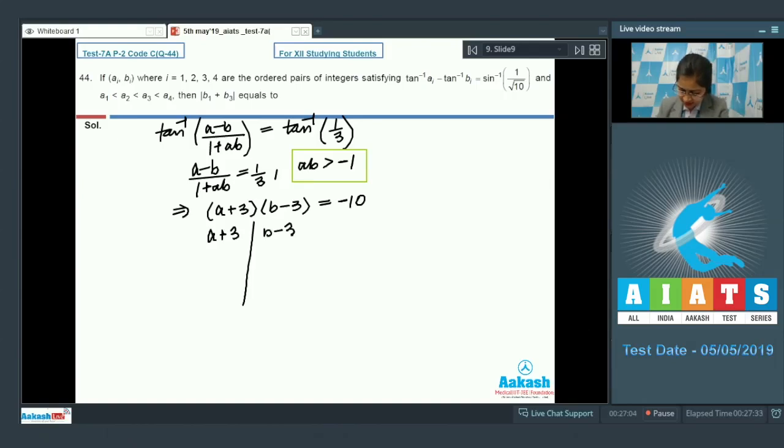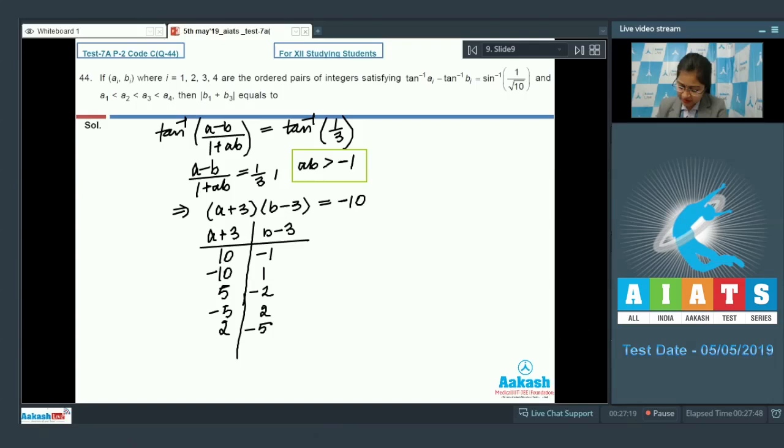These are the values of A plus 3 and B minus 3 which are possible. This is 10, so this is minus 1. This is minus 10, so this is 1. This is 5, this is minus 2. This is minus 5, so this is 2.